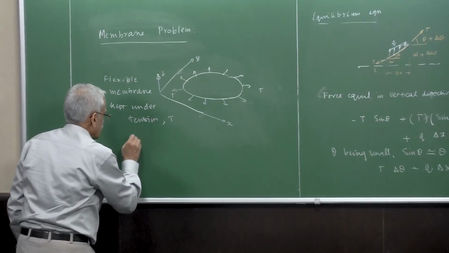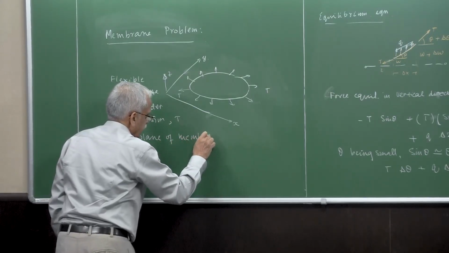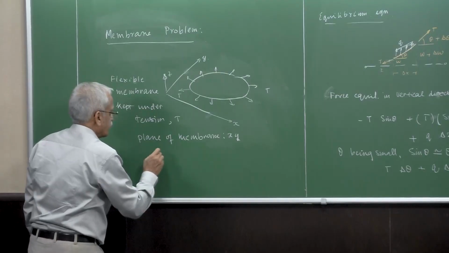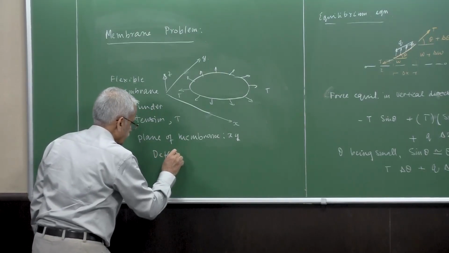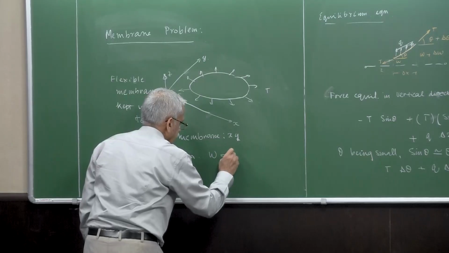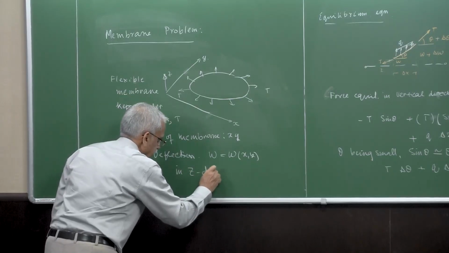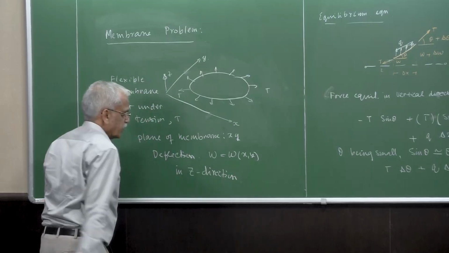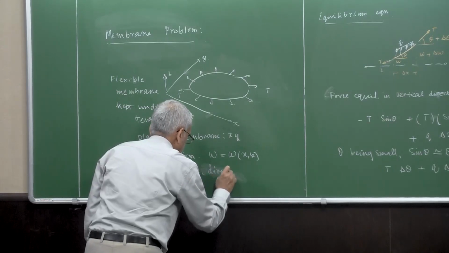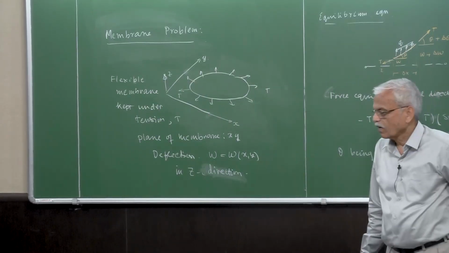So the plane of the membrane is xy, and the lateral deflection or deformation is, once again, in the form of W. So you can very clearly see that this has the complete resemblance of our 1D problem.